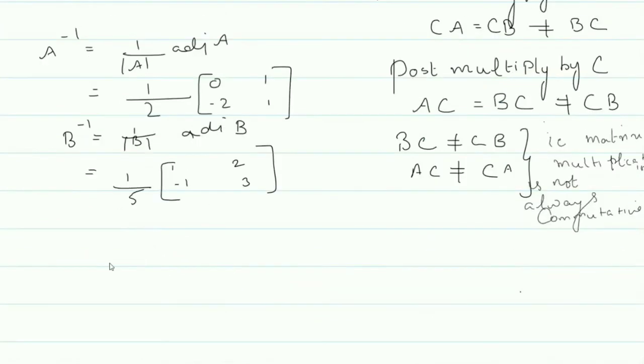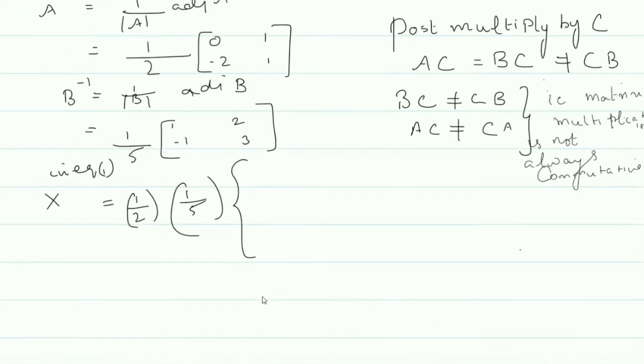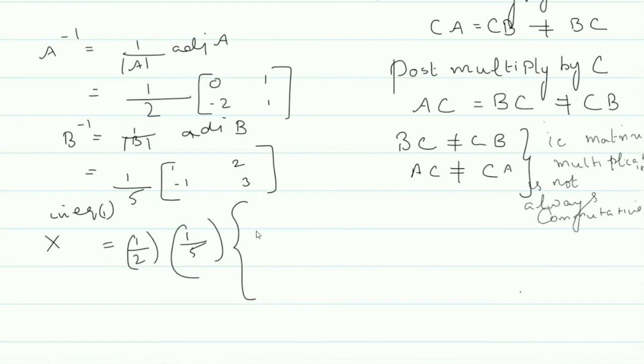Now we have to find the product of these three matrices. So substitute all this in equation 1. X is equal to A inverse C B inverse. You can take out the scalars outside. For A inverse you have 1 by 2. For B inverse there is one scalar, 1 by 5. Then the first matrix is A inverse: 0, 1, minus 2, 1.